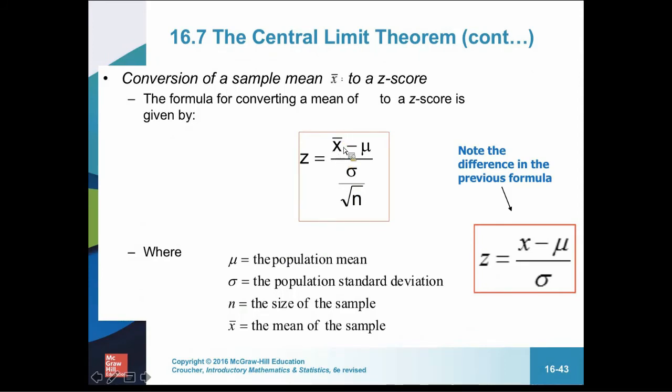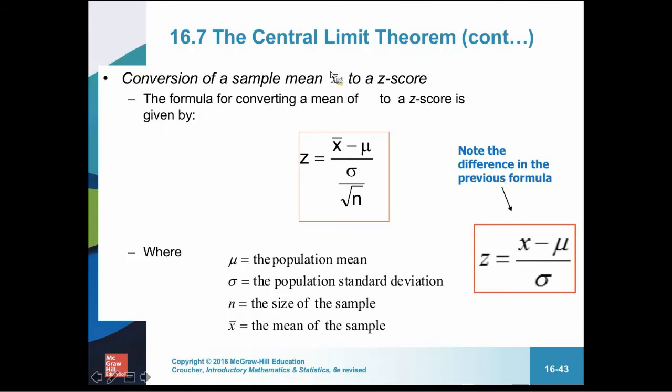And so the formula now is we're taking a range and calculating the sample mean minus the population mean over the population standard deviation, and we're adjusting it by the square root of the sample size, little n, the sample size. And we're going to use just that formula.